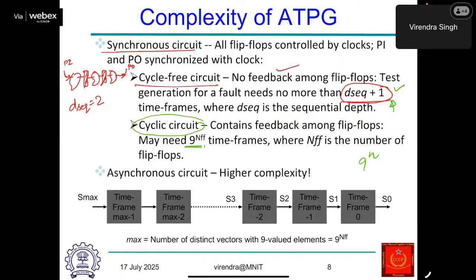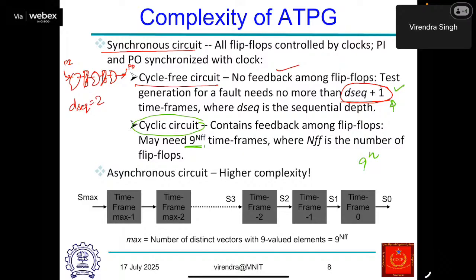A very small number of circuits are acyclic, a large number of circuits are cyclic. And if it is a cyclic circuit, the maximum bound is very bad. Even for a two flip-flop circuit, you may need to replicate your circuit 81 times.